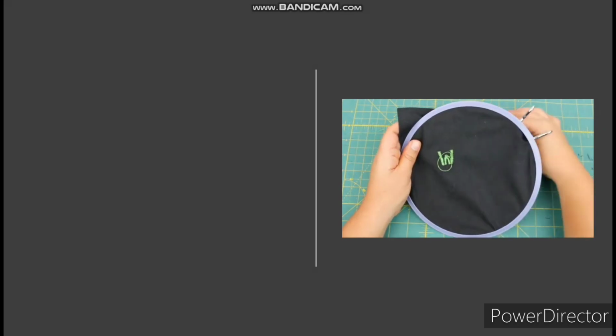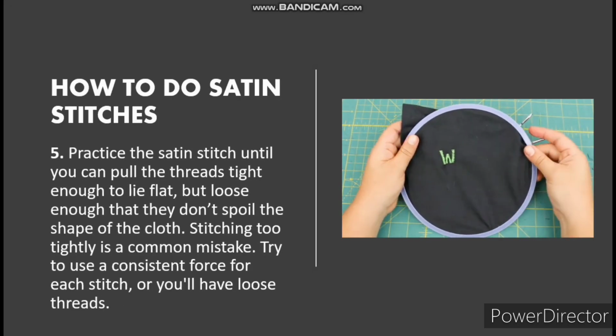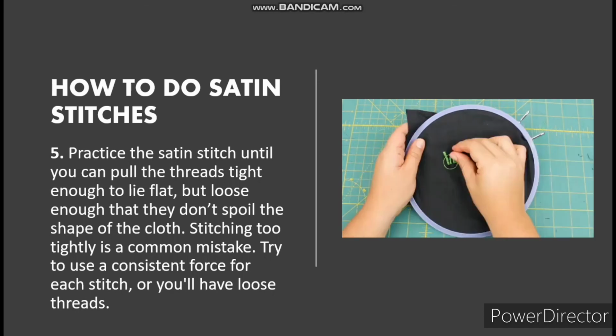Also, practice the satin stitch until you can pull the thread tight enough to lie flat, but loose enough that it doesn't spoil the shape of the cloth. Stitching too tightly is a common mistake. Yes, everybody makes that.